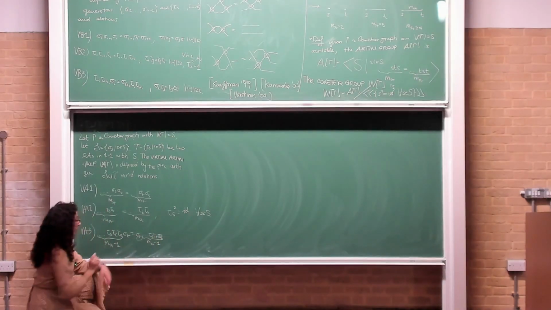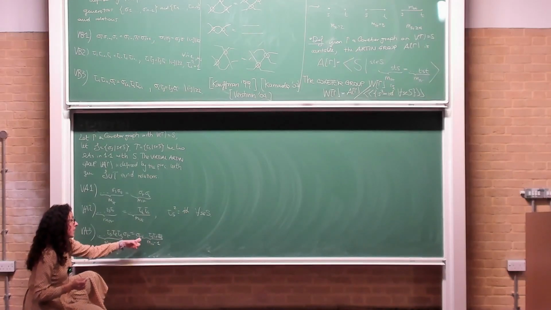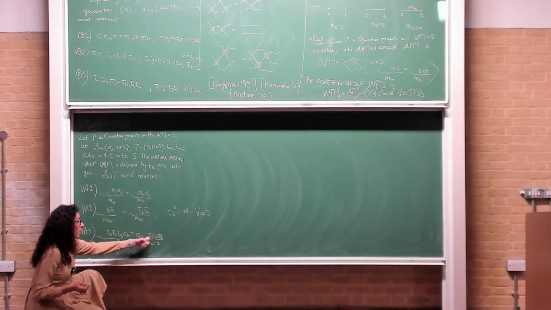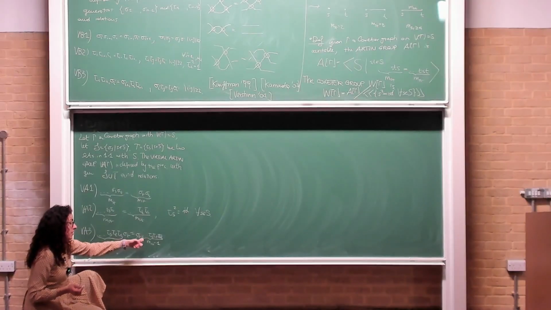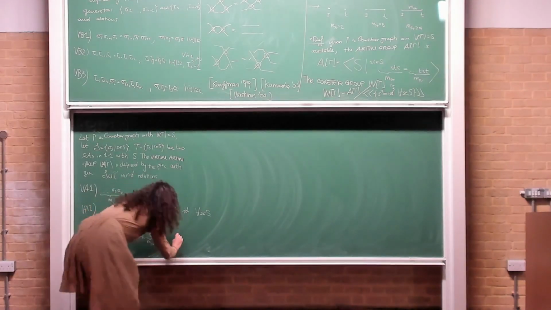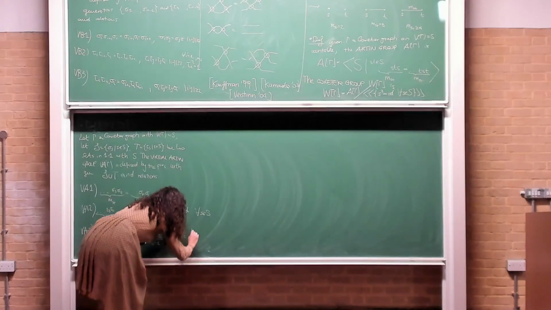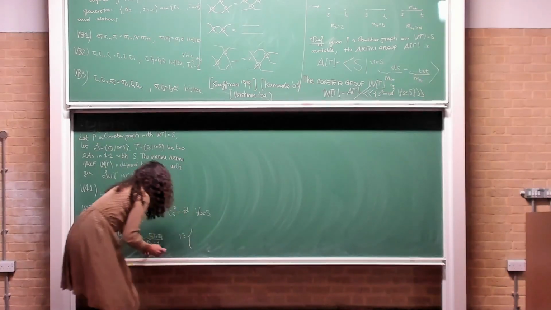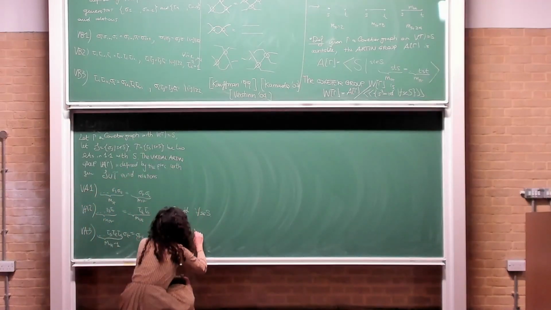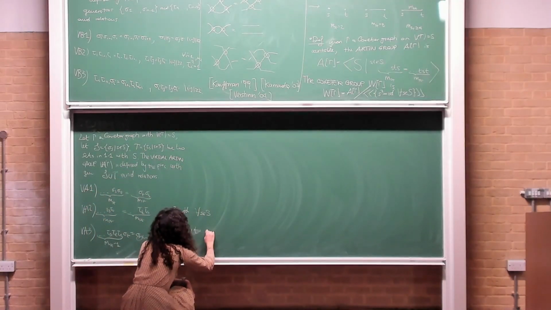And this r is either s or t, depending on the parity of m_st. So if my word ends with s, then r is going to be equal to t. So r is t if m_st is even, and s if m_st is odd.